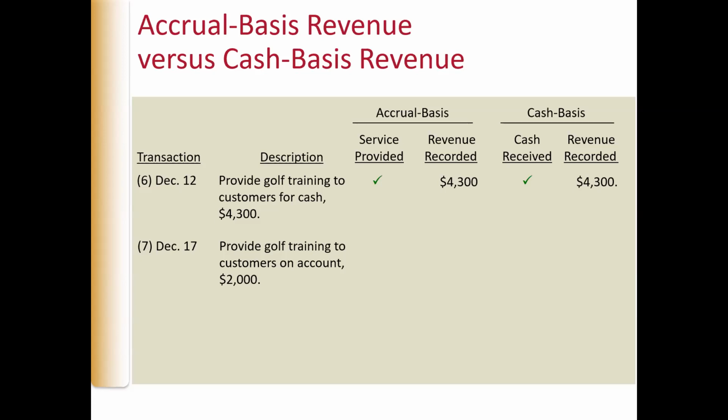We record the revenue because we provided that service to the customer. So under the accrual basis of accounting, we are going to record that revenue on December 17th. Even though we didn't get the cash, we don't care. Remember, this journal entry would be a debit to accounts receivable, a credit to service revenue.